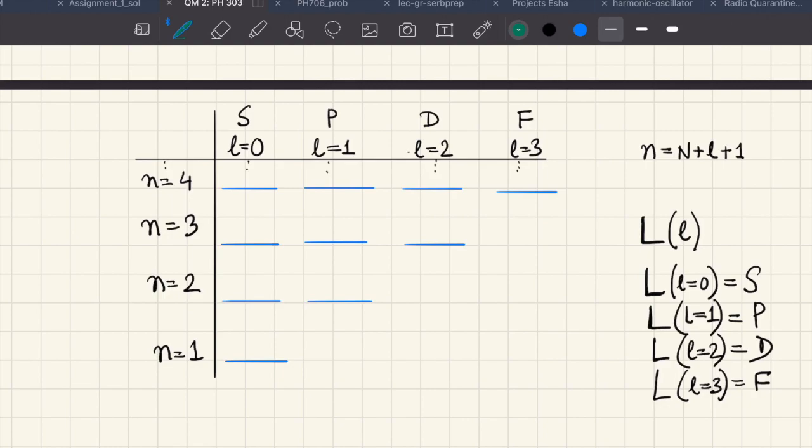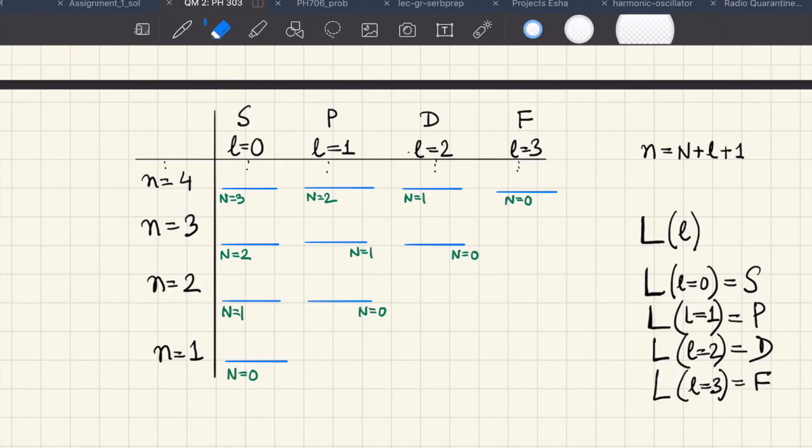Here capital N is equal to 0, here capital N is equal to 1, and capital N equal to 0. Similarly here capital N is equal to 2, capital N is equal to 1, capital N equal to 0. Here capital N is equal to 3, 2, 1, and this is N equal to 0.